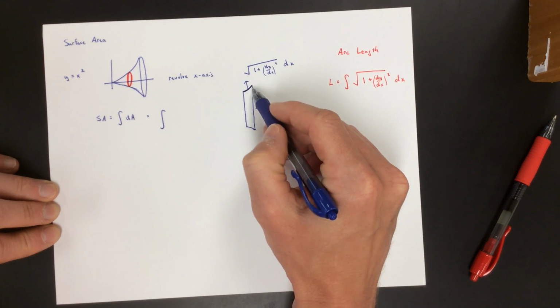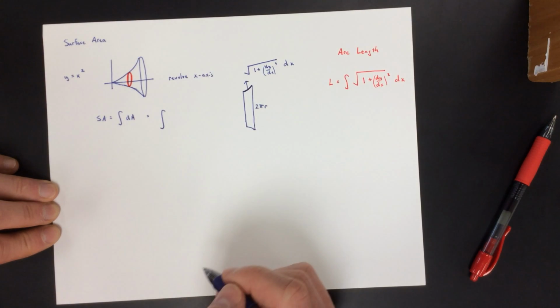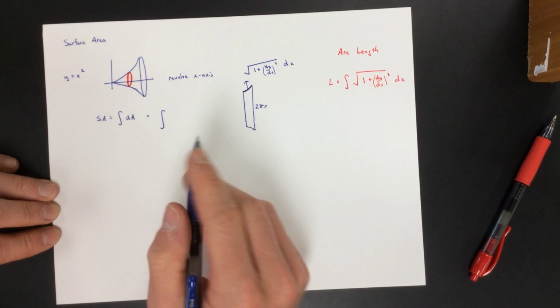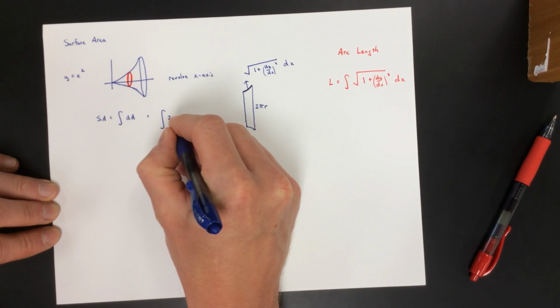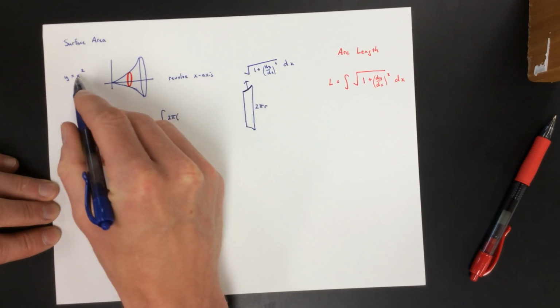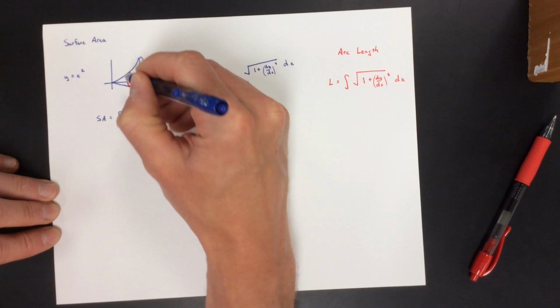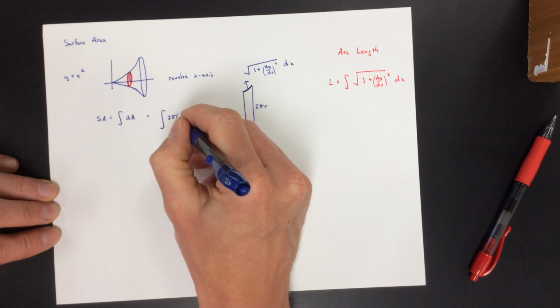And then this is just 2 pi r, where r is the height here. So we need to do 2 pi r times the thickness. So we need to do 2 pi. r in this case is just x squared, right? This distance right here is our r value, and our r value is our y value. And in this particular case, y equals x squared.